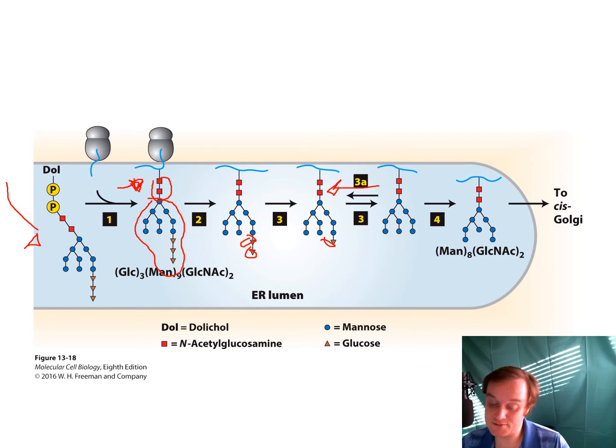Sometimes they get all taken away and then one gets added back to be part of that oligosaccharide. In other cases, they're all taken away. And then in step 4, we remove one mannose residue and it is then done. It's attached. And at this point, it can be transferred to the Golgi apparatus if we're going to secrete the protein and things of that nature.